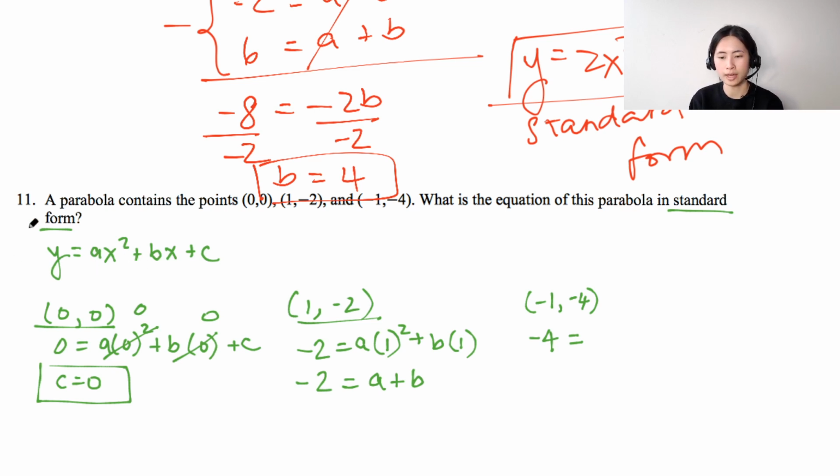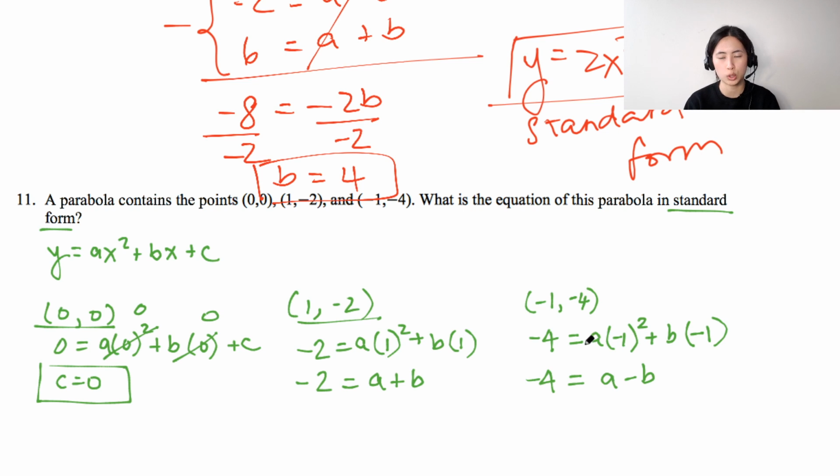I'm plugging in y as -4, and then you have a times negative 1, because our x is now negative 1, squared, plus b times negative 1, and based on (0, 0), c is simply 0, so this is plus 0, and we don't need to write that. Any negative number squared with an even exponent becomes a positive number, therefore this is just a. So remember you have that equal sign, then you still have the -4. So this is a, and this is now going to be minus b.